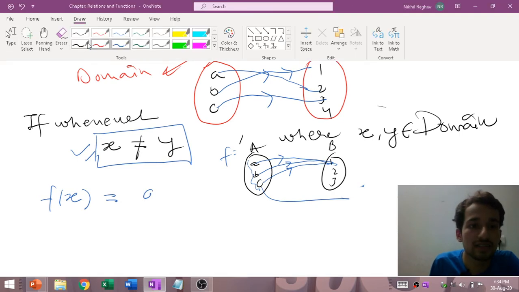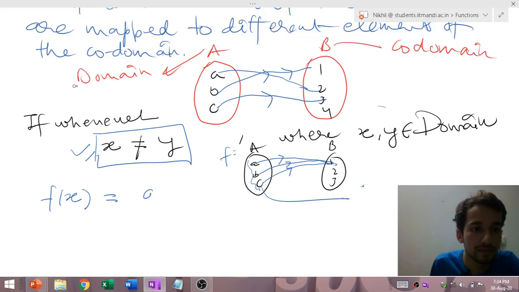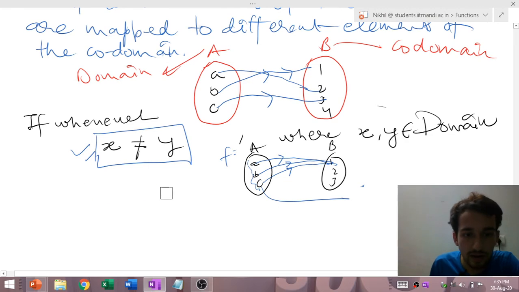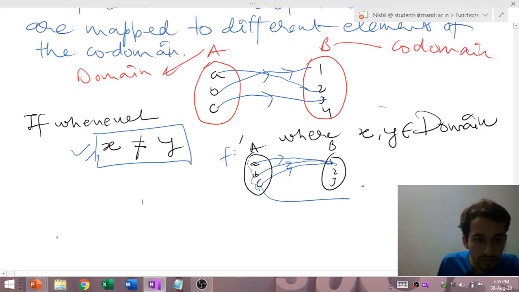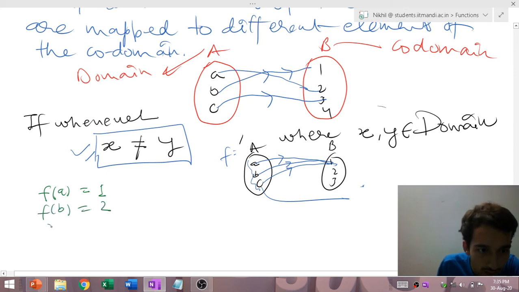Let's try to understand this in a particular case. Choose this function which we have just seen. Can I write now in terms of function notation that my small f is mapping the set element A to 1, it's mapping B to 1, it's mapping C to, sorry, it was also 1, all are mapped to 1.